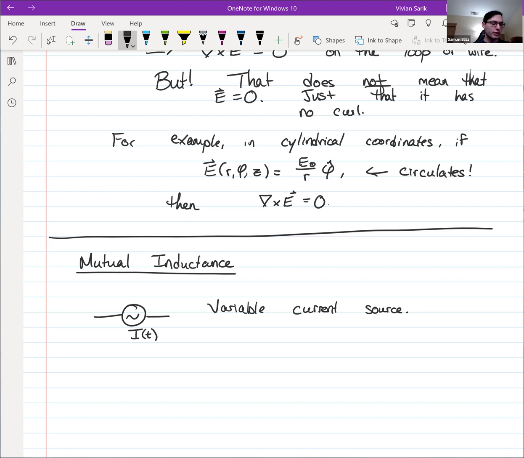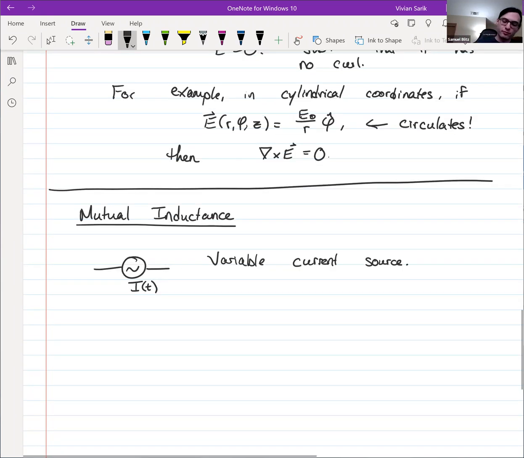And so now suppose that we place two circuits. We have two separate circuits that aren't connected in any way, arranged like the following.